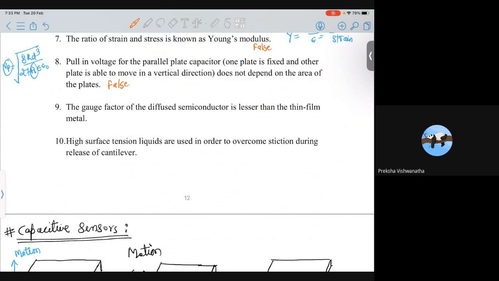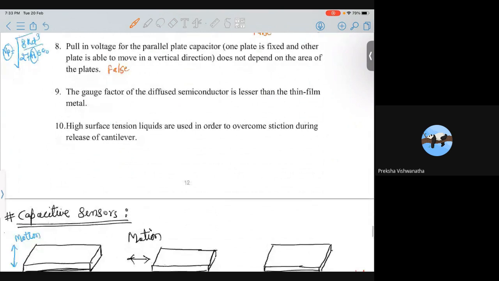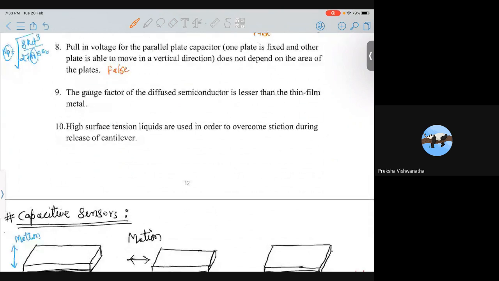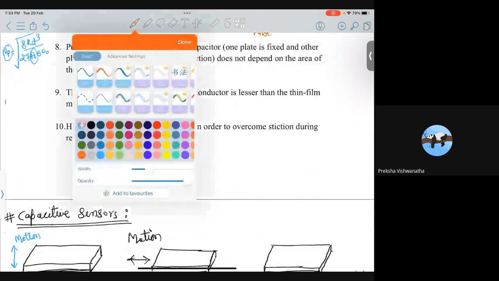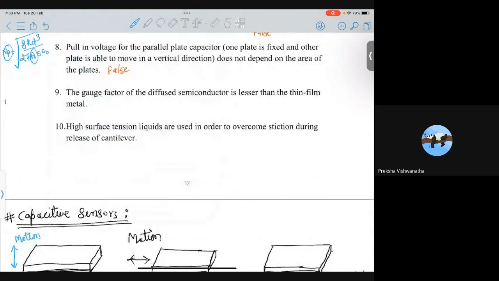So we know the gauge factor for metal foil. For metal foil, the gauge factor is 1 to 5, right?